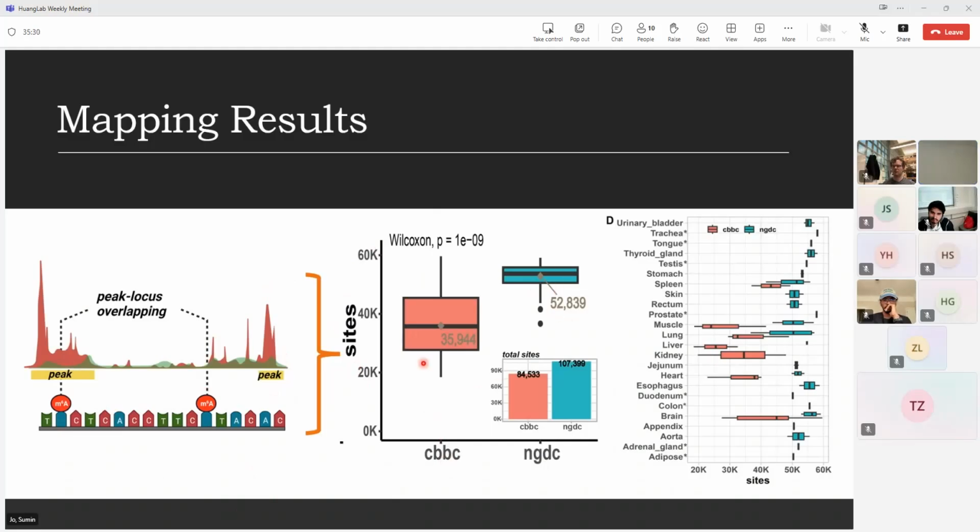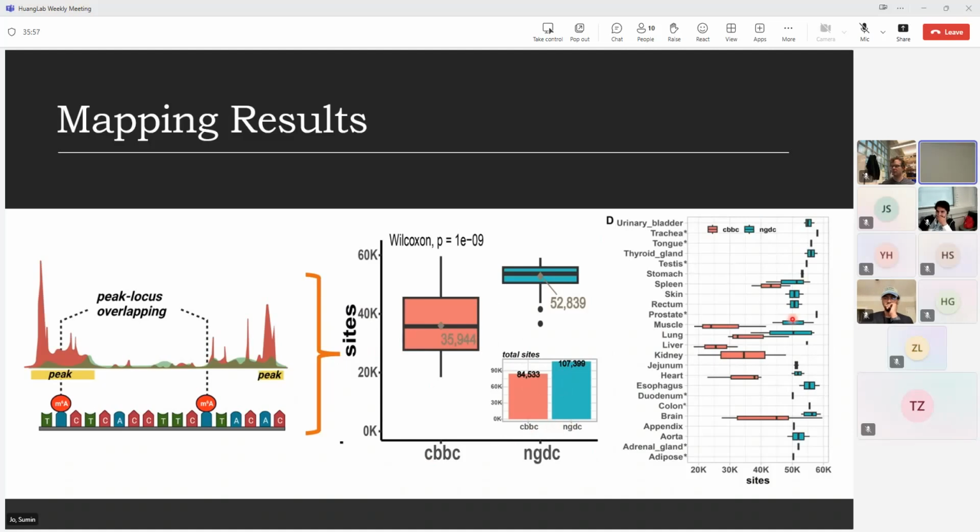The NGDC sites have a higher average number of peaks than the CBBC sites, so the overlapped m6A sites with peaks are also higher in NGDC data. In total, we were able to identify this number of unique m6A sites in each different data set.